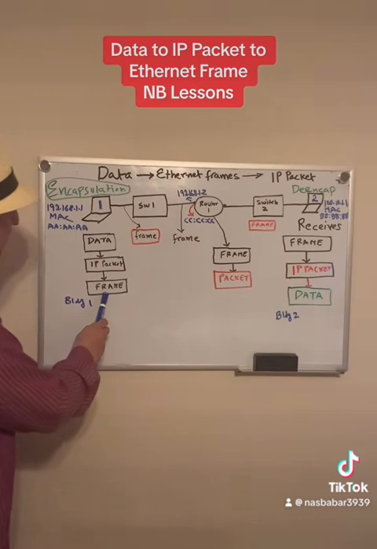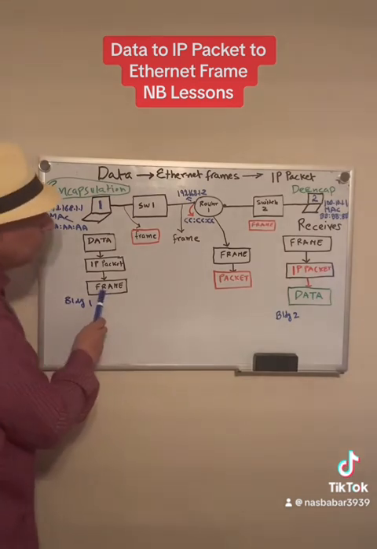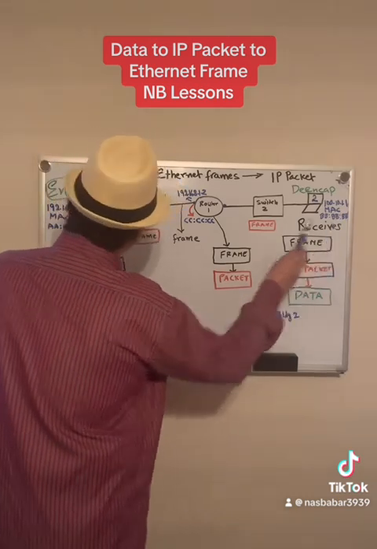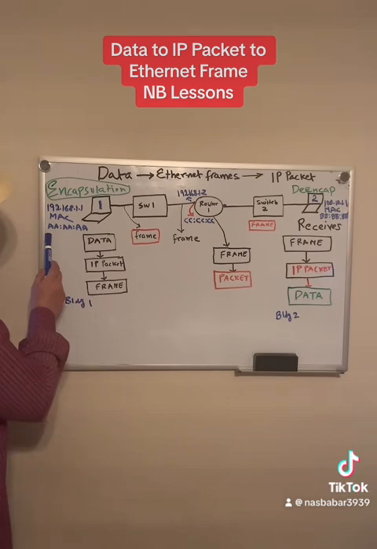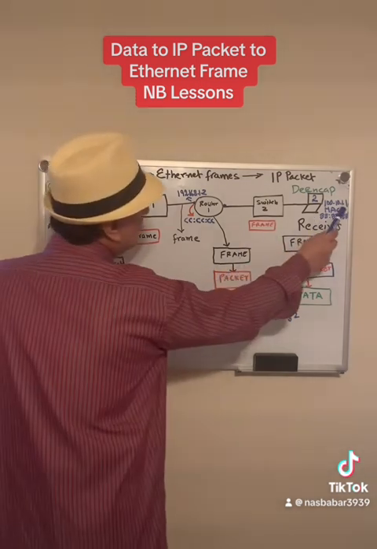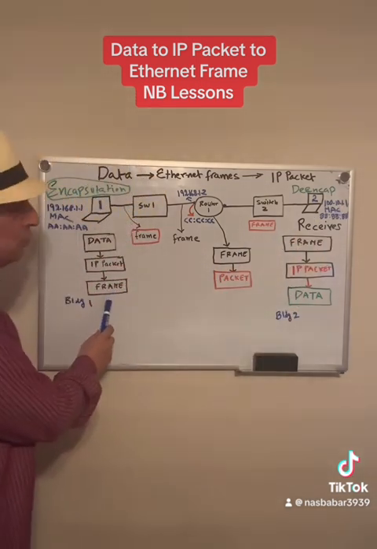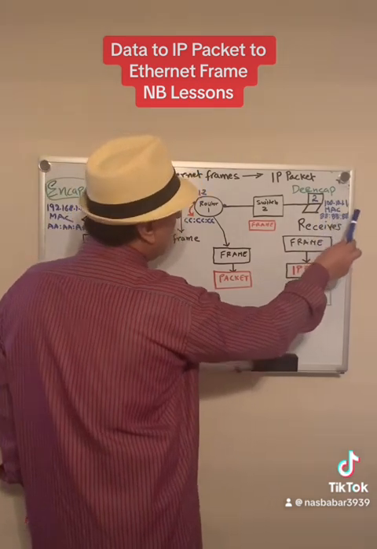So this frame would say, I need to get to this MAC address. This frame will have a source MAC address, AAA, and it wants to get to this right here. But it does not know where the MAC address BB resides.